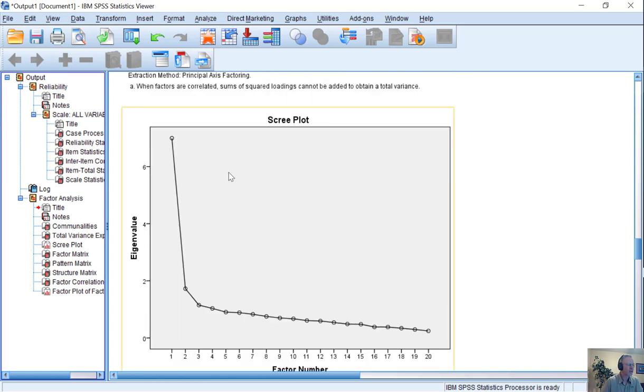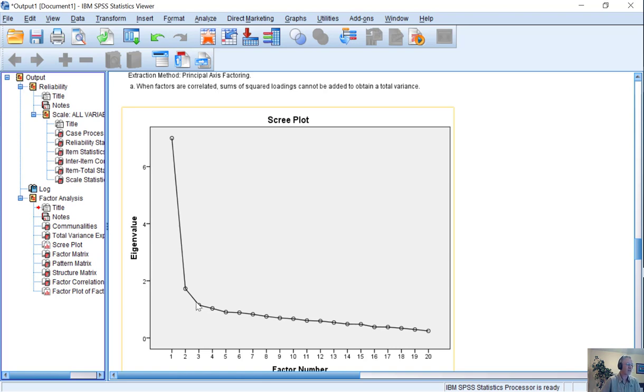So now I go down here to what's called a scree plot. The scree plot can also be useful in telling you how many factors you have. The scree plot is saying that there's definitely 1 factor, then 2, then 3 is usually the way people would read the scree plot. A lot of people don't like the scree plot. They talk about this as being an elbow, right? Think about an arm, and where it turns, there's an elbow.